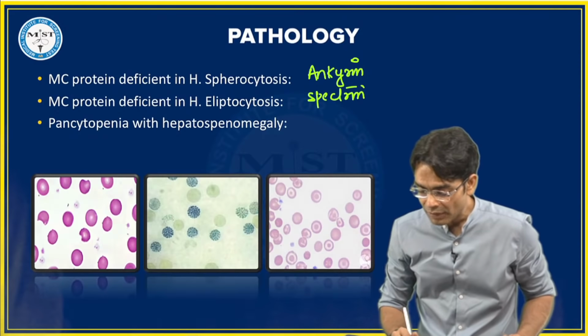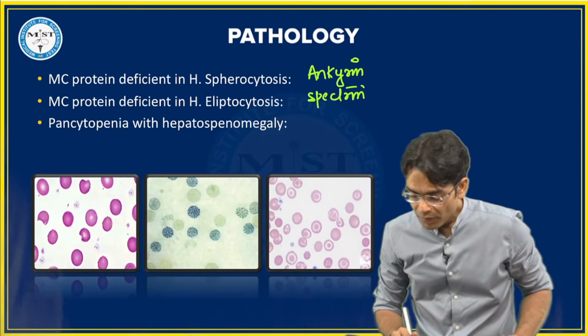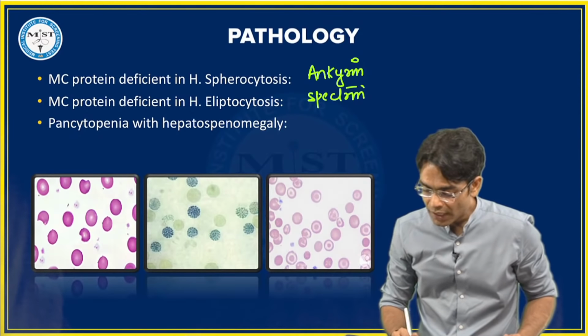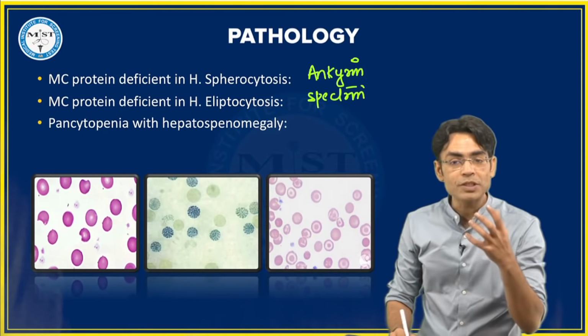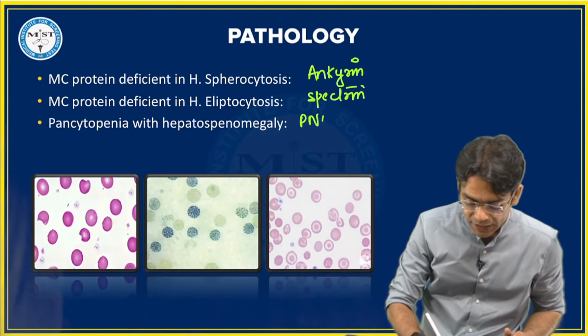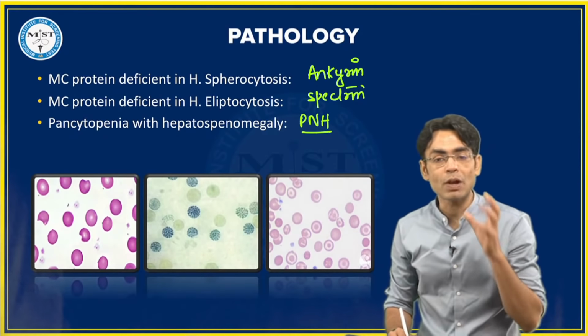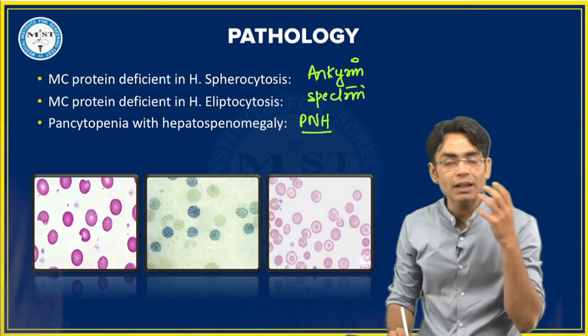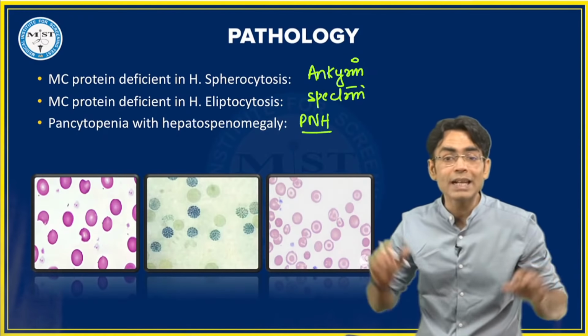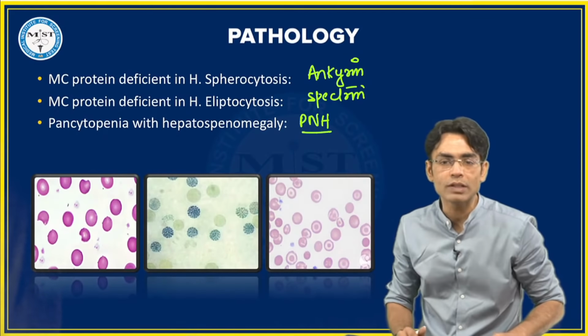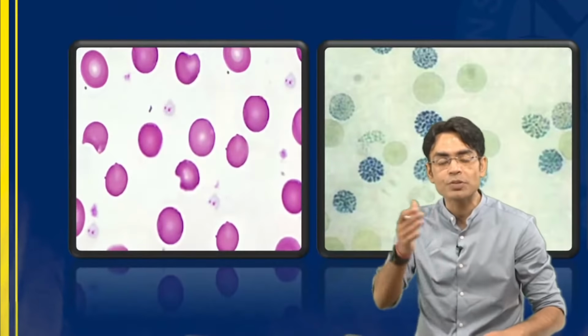Very good. बेटा देखो, ऑप्शंस के हिसाब से एक डिजीज आप याद करके जाओ, PNH, paroxysmal nocturnal hemoglobinuria, pancytopenia with hepatosplenomegaly. अगर हिपैटोस्प्लिनोमेगेली नहीं है पैनसाइटोपिनिया में, most common cause एप्लास्टिक एनीमिया में चला जाएगा. ज्यादातर वो ऑप्शन में होगा.